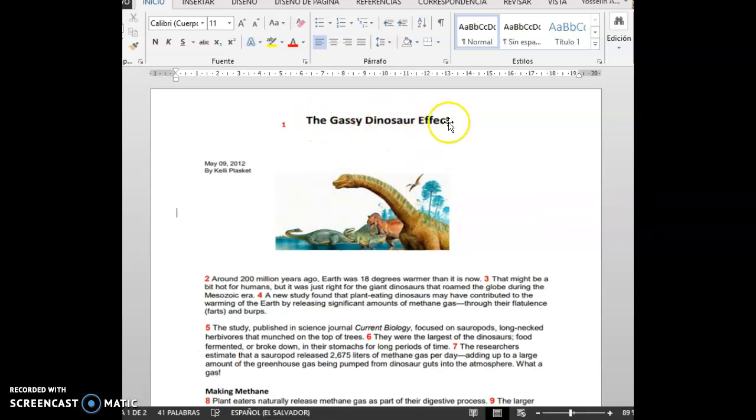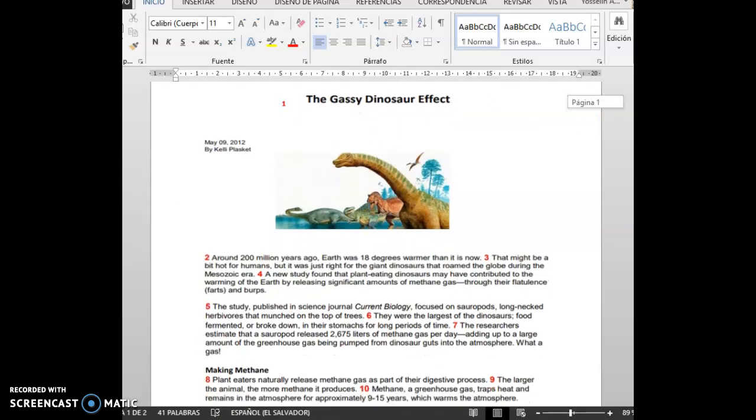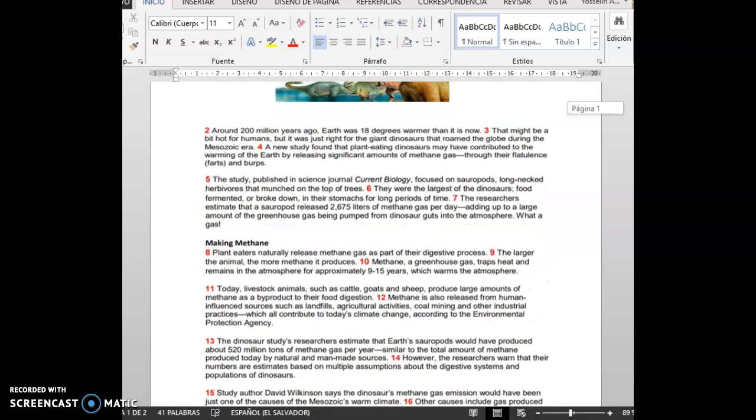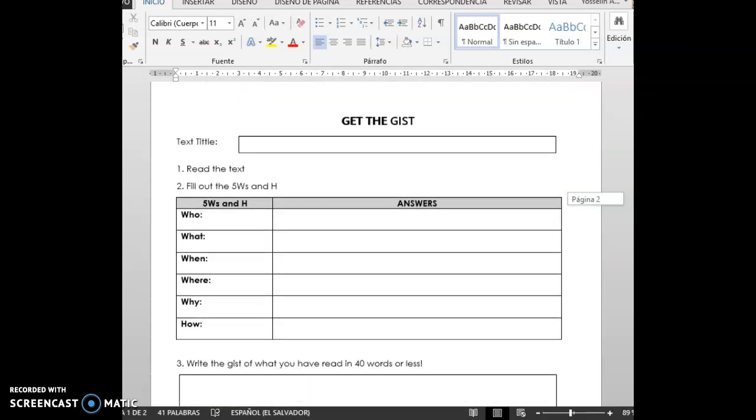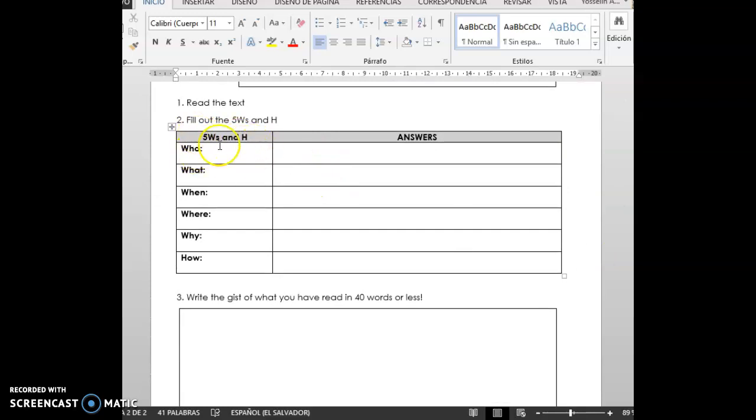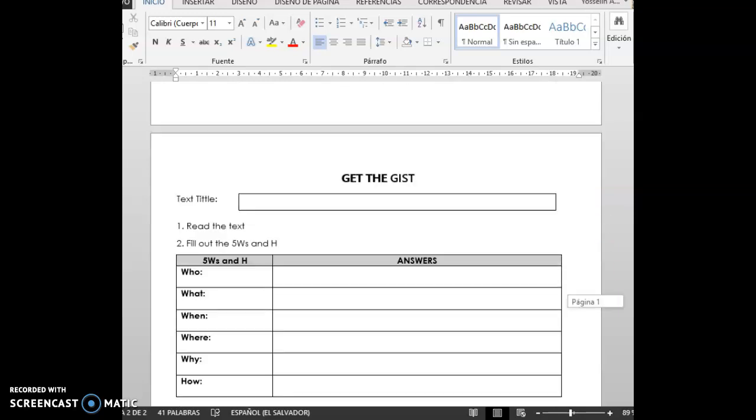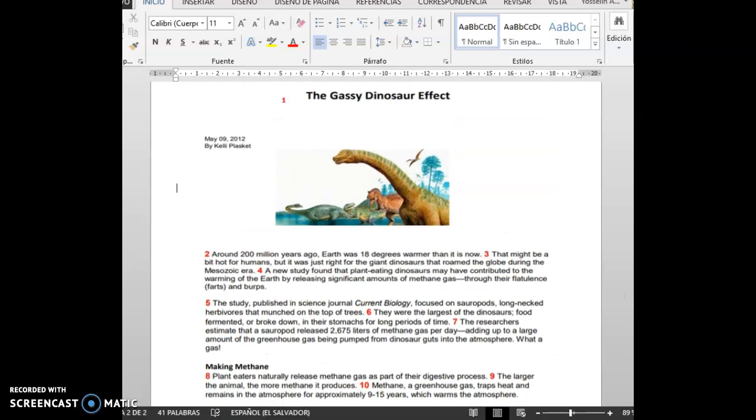We have the title, the gassy dinosaur effect, that tells you what the reading is going to be about. Later, we can focus on the specific questions that we're going to answer: who, what, when, where, why, and how. So then we have a guide to follow in order to read the article.